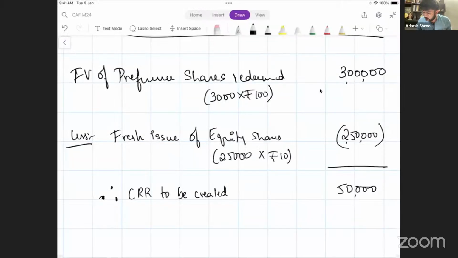Okay, the screen should be back in a while now. One second, let me fix it. Okay, the screen is also back, I hope. Yes.